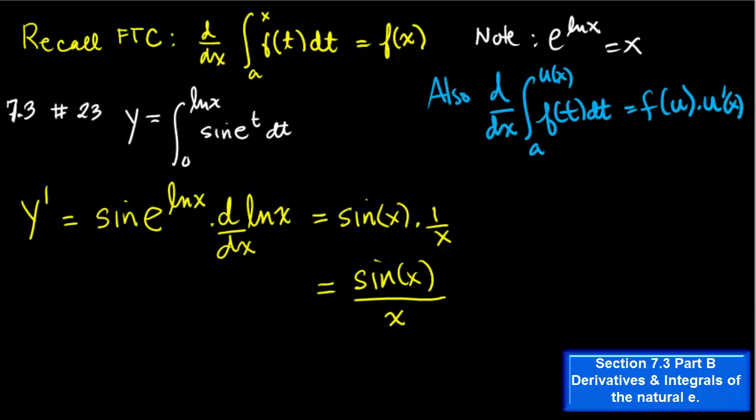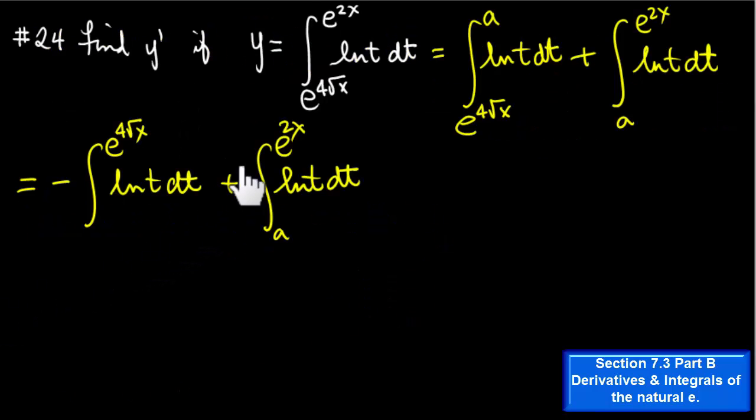All right, let's keep going. What about the next problem? Okay, here in number 24, we're asked to look for y prime, but you see that we have two limits of integration. What we need to do to be able to apply the fundamental theorem of calculus is split this up into two integrals.